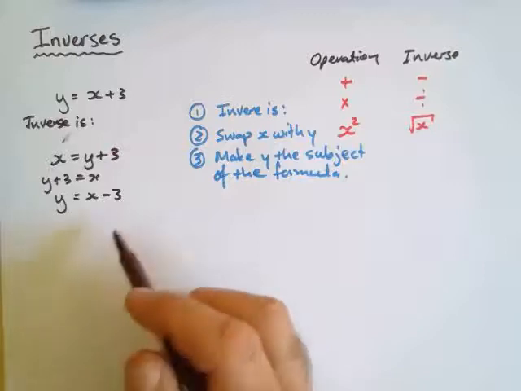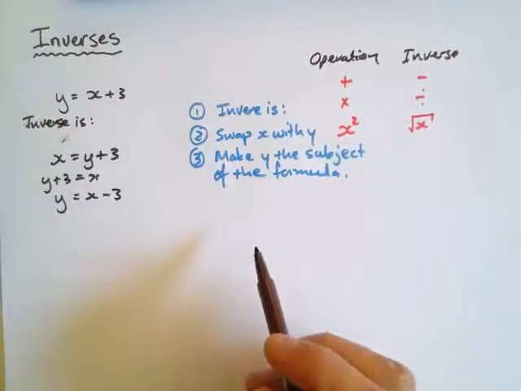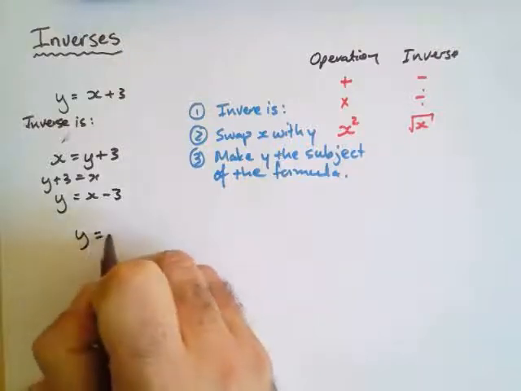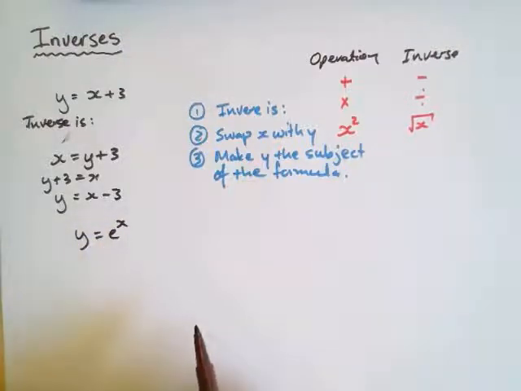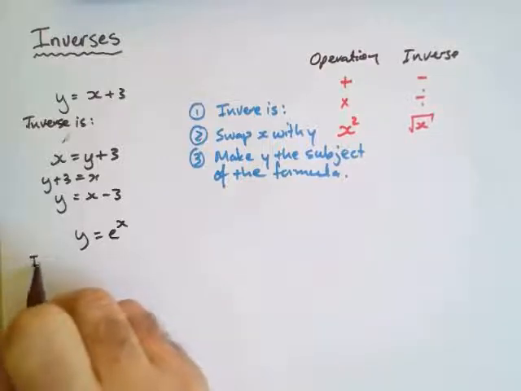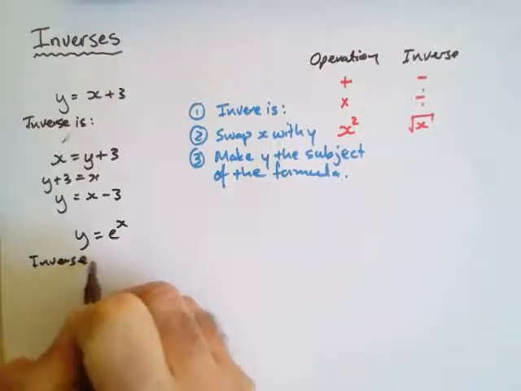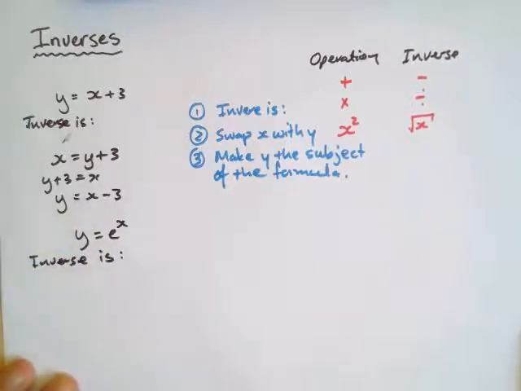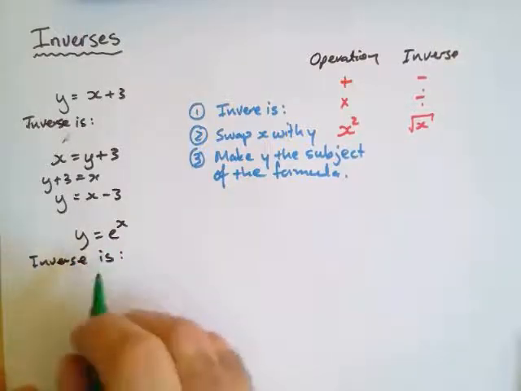Now, the whole purpose of doing this is to find the inverse of y equals e to the power x. So the inverse is, let's find it. I'm going to swap my y and my x.